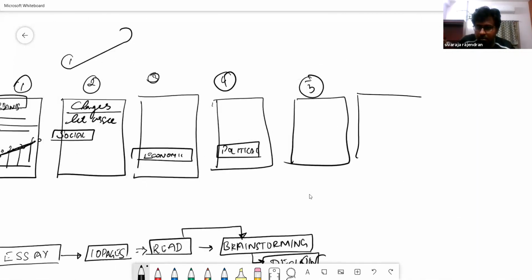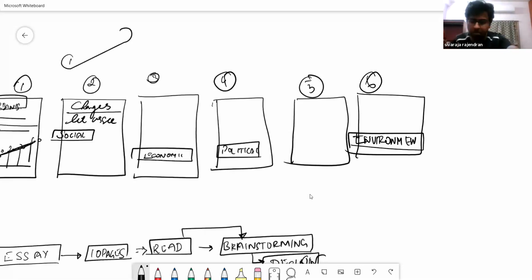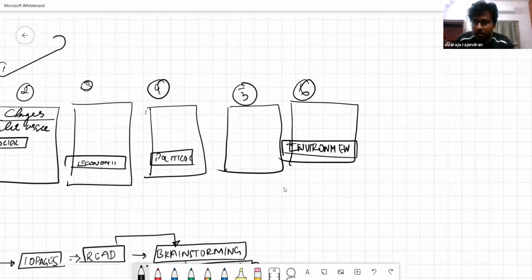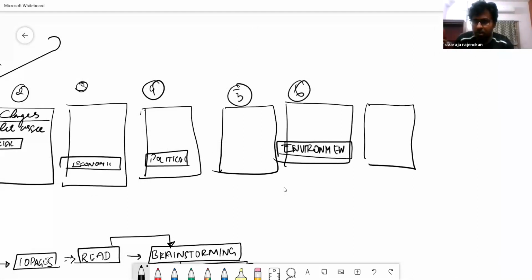Then you can write about the sixth page, environmental changes. Both positive and negative will take more than one page, so you have to write more. So environmental plus and minus, it will come to around 9 pages. So on the 10th page you can conclude.